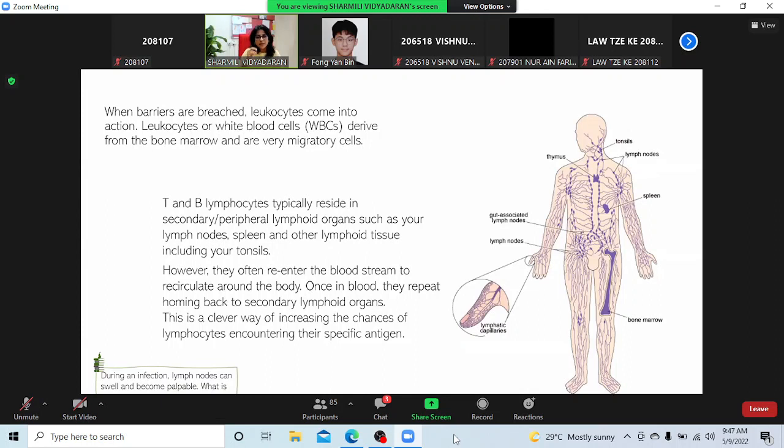In immunity, we consider the microbiota a good feature for our immune system, because the population of friendly bacteria prevents populations of pathogenic bacteria from growing. So it's sort of a secondary effect.